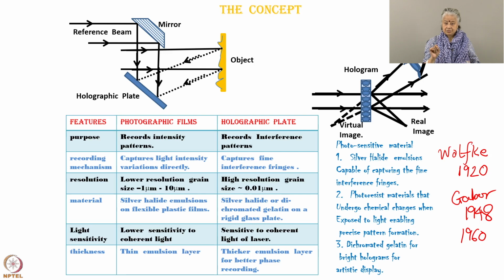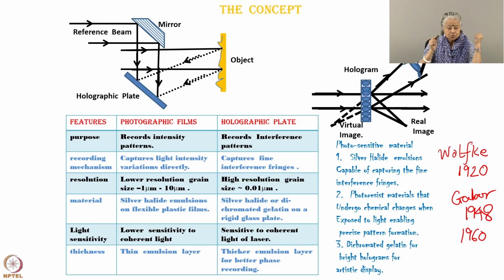And for holography, this condition of coherence is absolutely paramount, because the whole thing depends on an interference pattern. You've seen before in an interference pattern how coherent light is important: coherence length, spatial coherence, temporal coherence, all these things are important. So, once lasers came into the picture, holography just flourished.